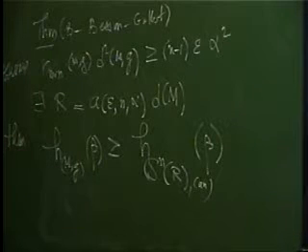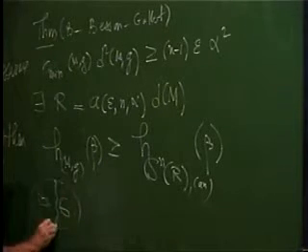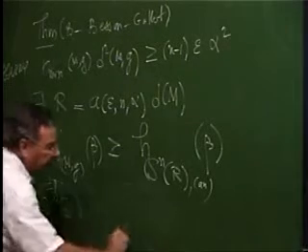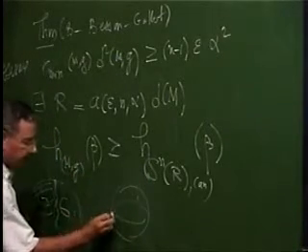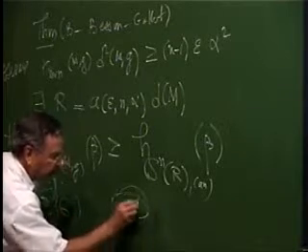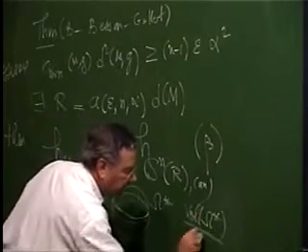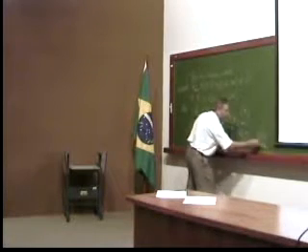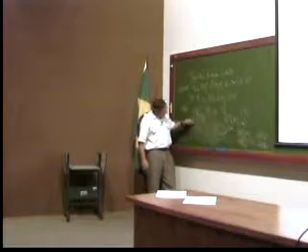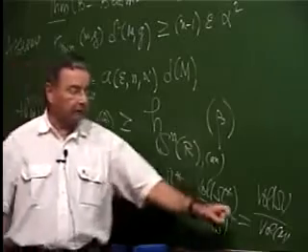So what this tells you is that if you have your manifold like that, you take a domain on the manifold, then you consider the sphere with the radius r, and you take the geodesic ball omega star such that the volume of omega star divided by the volume of the sphere is the volume of omega divided by the volume of M. Then the volume of the boundary of omega divided by the volume of M is always bigger than or equal to the volume of the boundary of the geodesic ball divided by the volume of the sphere.